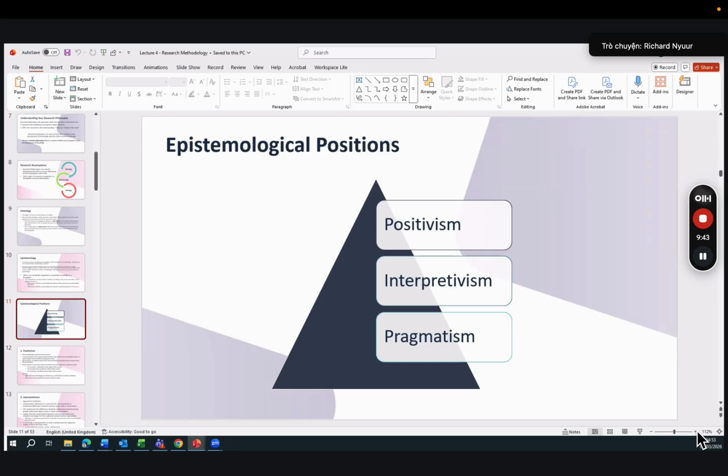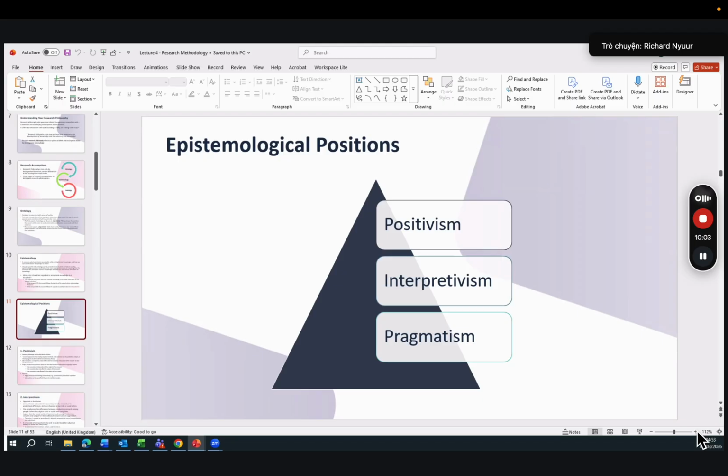Interpretivism is more about finding explanations to a phenomenon, and getting texts or explanations from other people to try and find answers to a phenomenon.